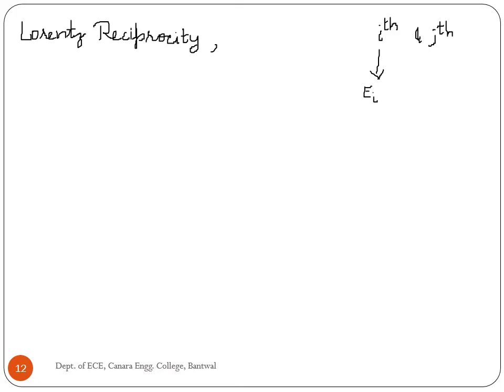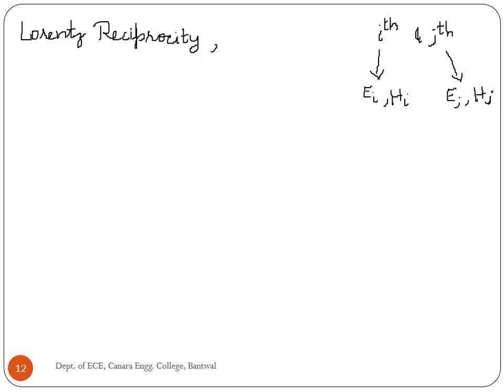As per Lorentz reciprocity theorem, considering a volume containing two sets of sources, ith and jth port, which each produce fields EI, HI and EJ, HJ respectively.